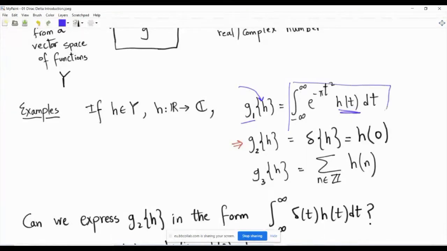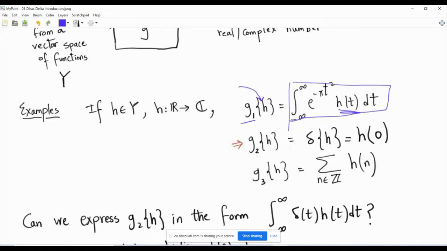The result of this integration will be a scalar. This is an example of a functional, and this is its integral representation. This is how it interacts with its input: you give it an input, it multiplies by e to the minus pi t squared, and then it integrates to produce just a number.